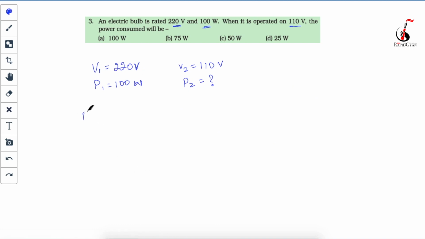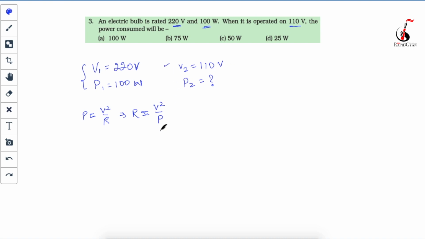So P is equal to V square upon R. What will be the value of R from here? R is equal to V square upon P. From the first section, whatever information is given, I am going to find the resistance, because the circuit is the same, so the resistance will remain the same, and using that resistance in this part I will find the value of P2.